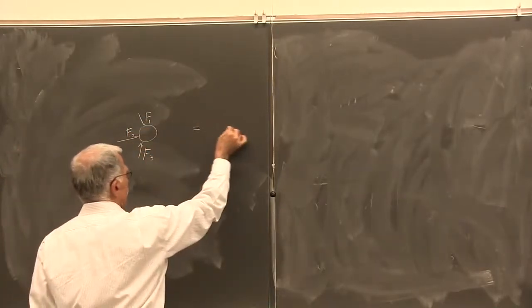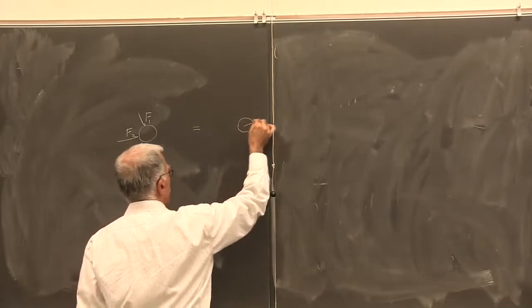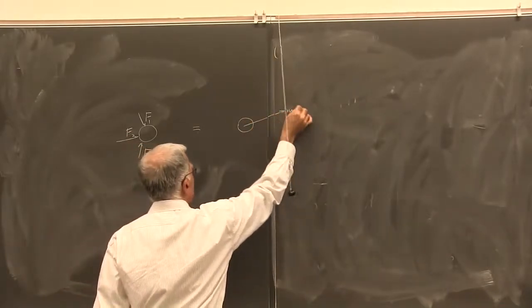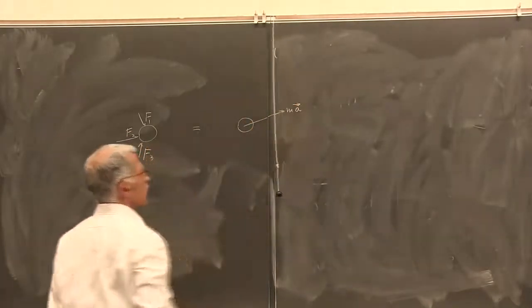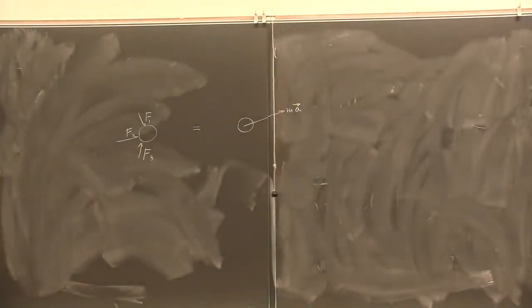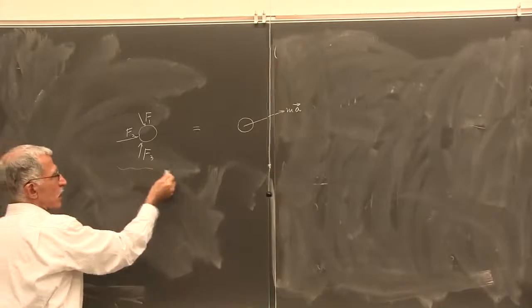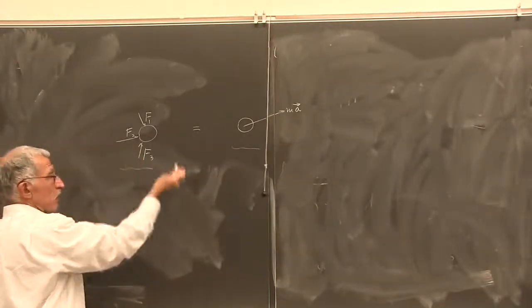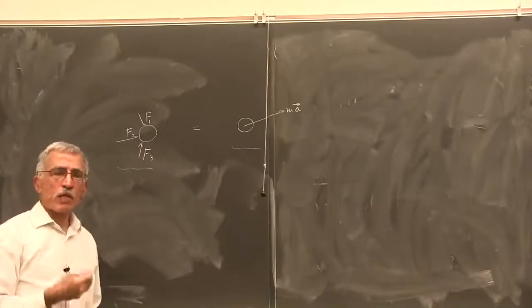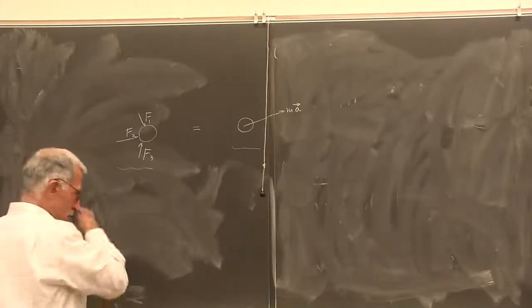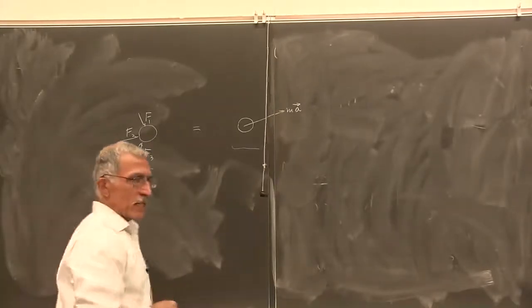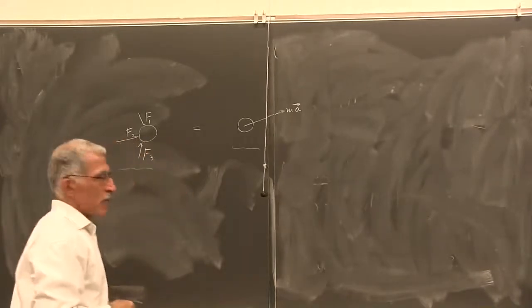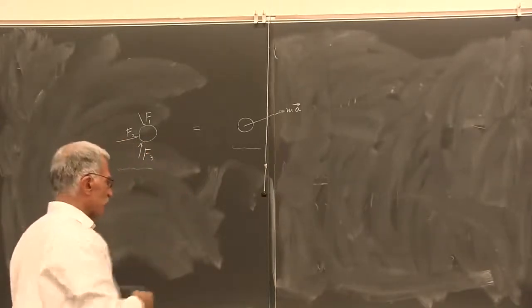And as a result of that, the particle obtains some inertia, mass times acceleration. And whatever you do to this picture, you do to this picture. So these are called equivalent systems. So let's go ahead and do one problem using this concept.